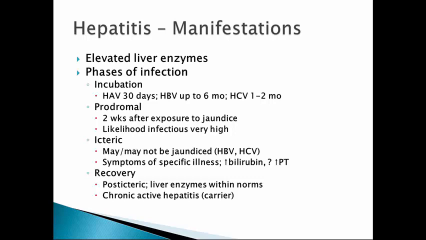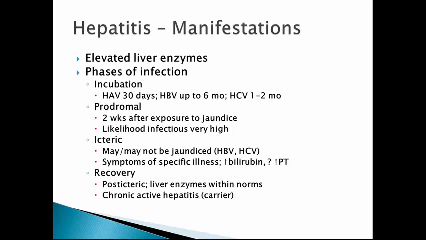When we think about the manifestations of hepatitis in general, we're going to look at all forms of hepatitis together. We know that we're going to be concerned with those elevated liver enzymes because this is hepatocellular, although it could also be problematic. We're going to look at an ALT usually being higher than an AST.